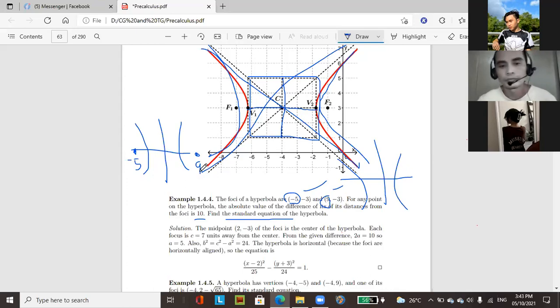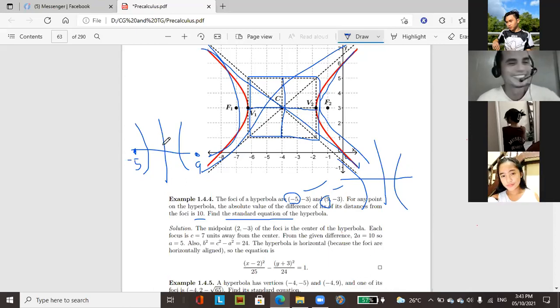Kay -5 man, sir. Yan. -5 padulong diri, you have 5 plus 9, you have 14. 15 ba? 14. 5 plus 9, sir. 14 gani. 14, sir.